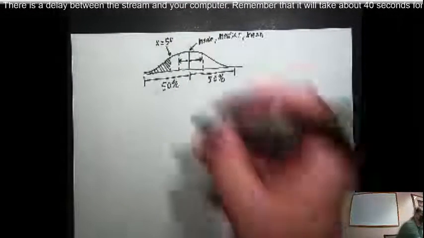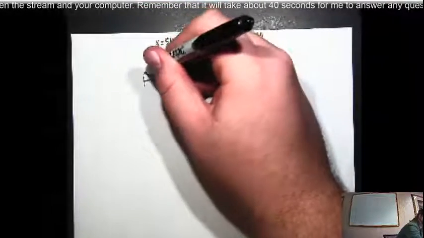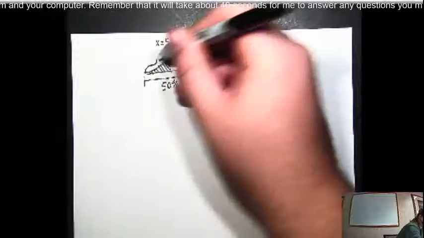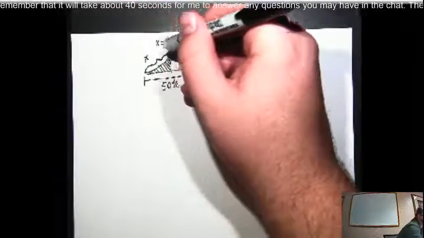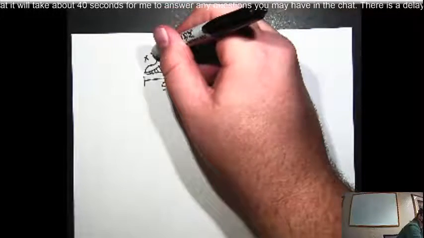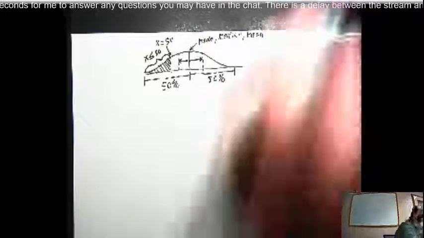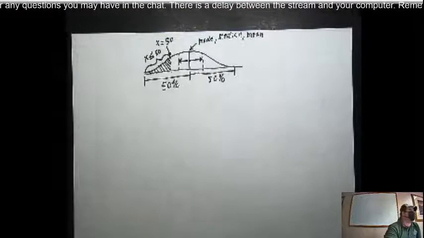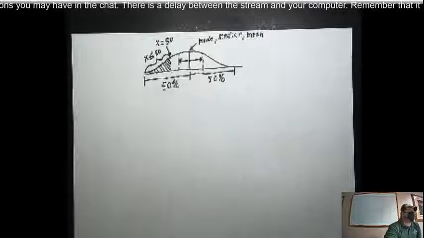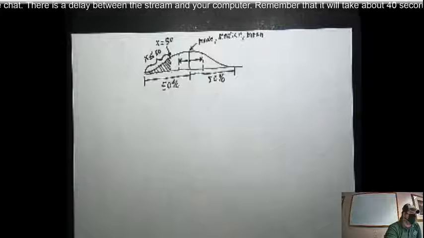Then that means that this area that we're trying to find is all the x values that are less than or equal to 50. Making sense so far?